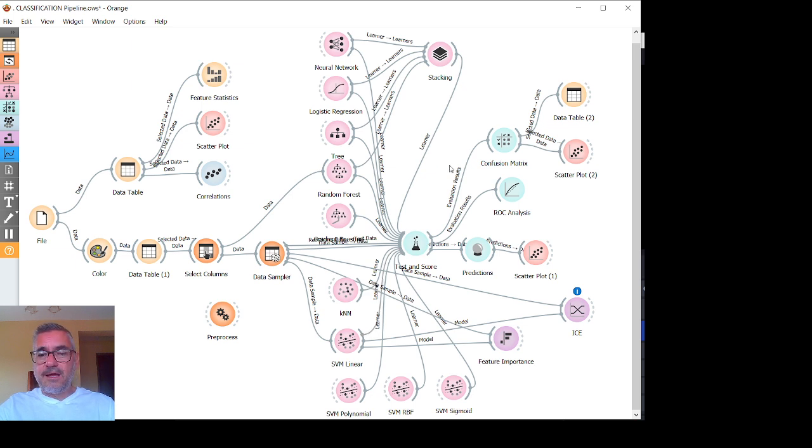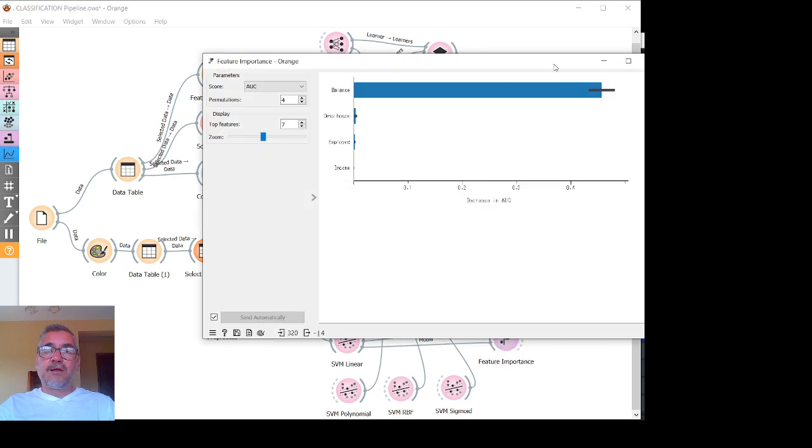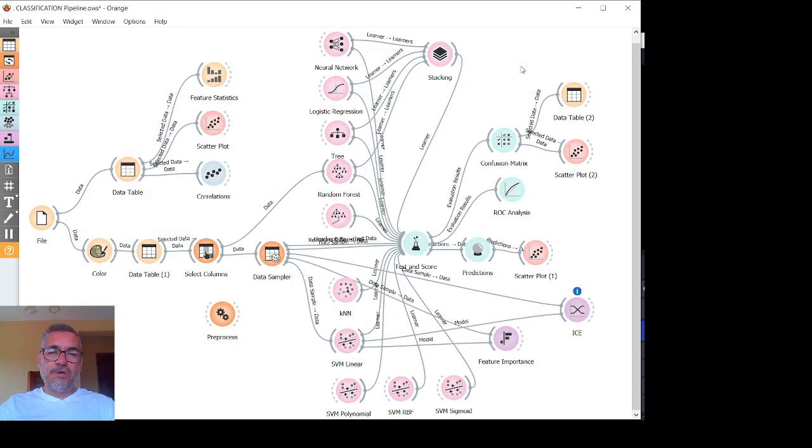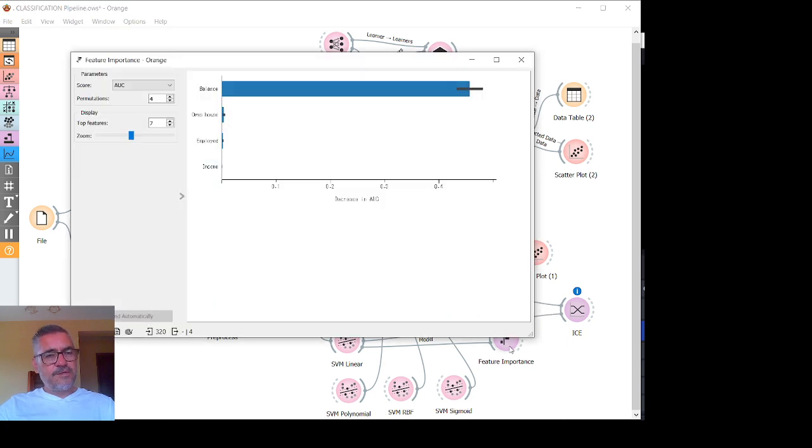What else? We can also use the feature importance measure, according to all of these parameters here, to select which variables are the most important. In this case, I have only a few, and they are almost all important. But in this model, you can see that the most important variable is the balance.